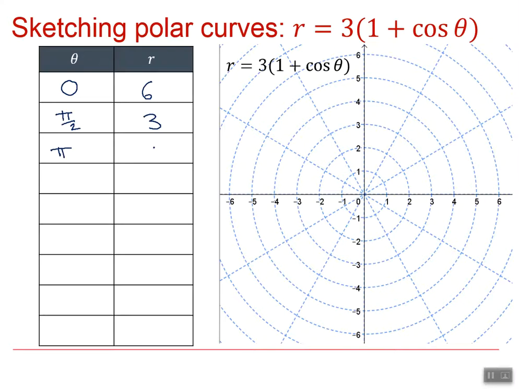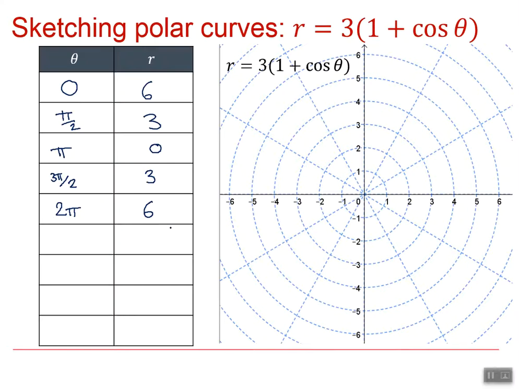And if we think about pi, at that point r is 0. So we can see that r is going between 6 and 0. If we go round again to 3 pi by 2, we find that r is again 3. And if we go around to 2 pi, r is going to be 6.